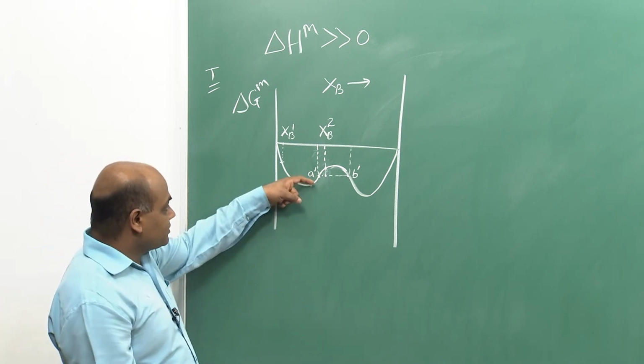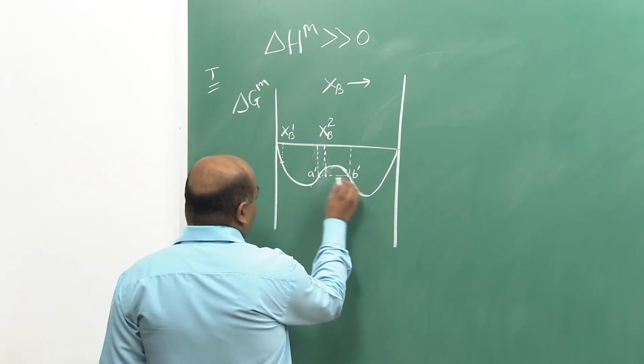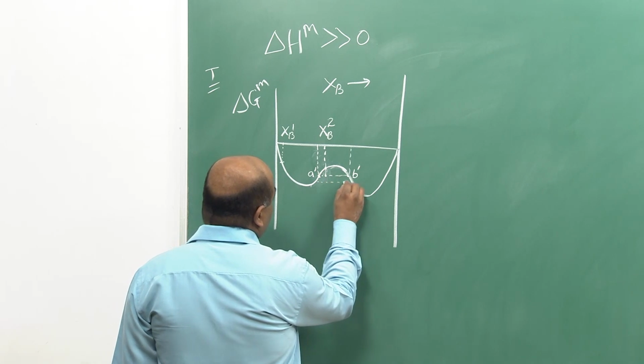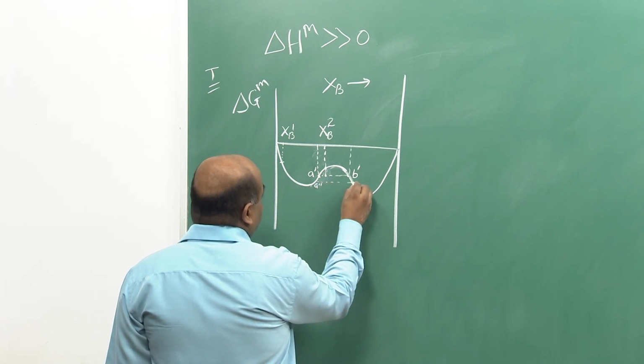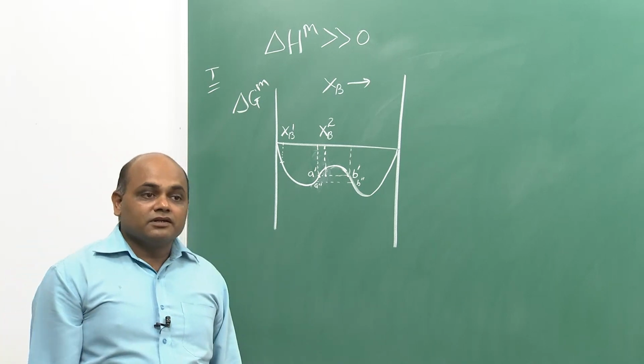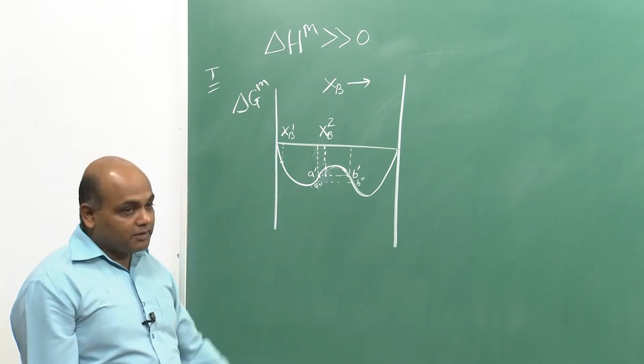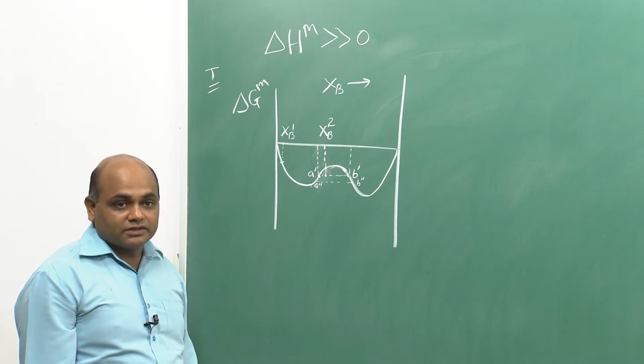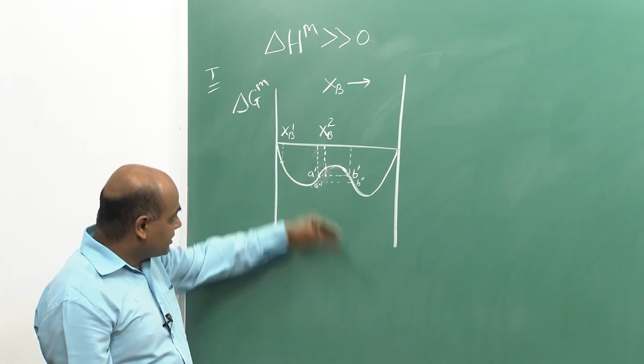Now, this can continue, it can further split, right. Instead of A prime B prime, it can split into, let us call this A double prime B double prime, and there is a further decrease in Gibbs free energy. So, what will be the equilibrium compositions of A rich and B rich solutions? How long can it keep decreasing?